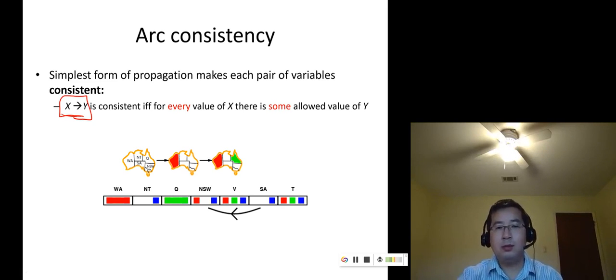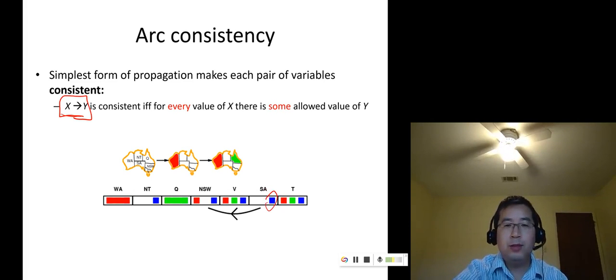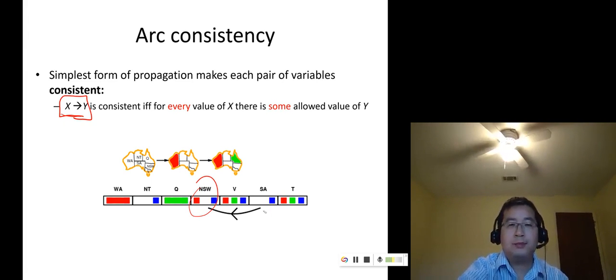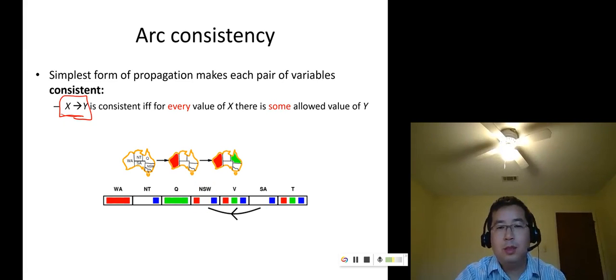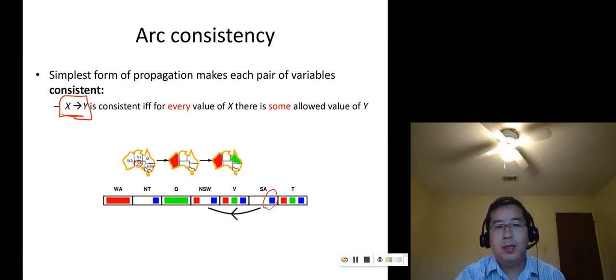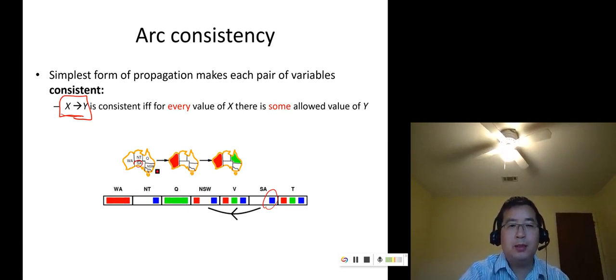Arc consistency means that if we choose any value for X, you can choose a value for the Y. This X, this Y. If SA chooses blue, whether we can choose blue again for NSW? SA and NSW are labeling, correct.